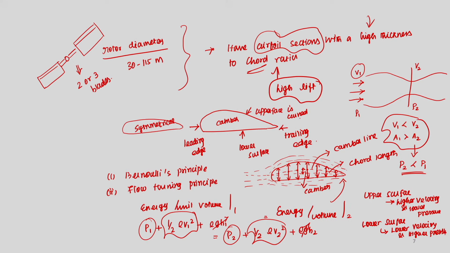This pressure difference exerts a force upward, and that is called the lift force. This is the basic principle involved in the rotation of the blade and how lift forces are created.